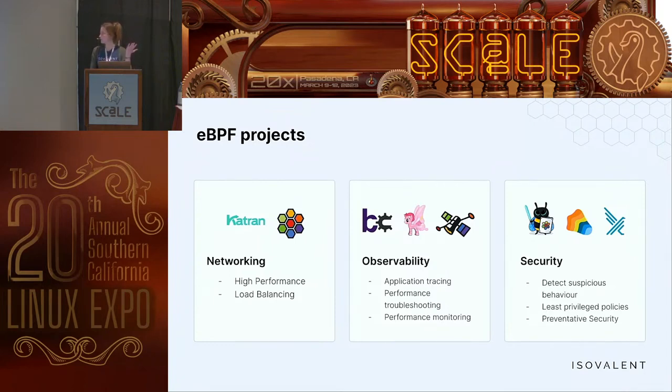And then you could also implement least privilege policies. So observe all the system calls and kernel functions, network connections, file I/O that your workload should be doing, create a policy, and then basically prevent everything else. And then you could use that also for preventative security. So you could terminate on malicious activity inside the kernel.